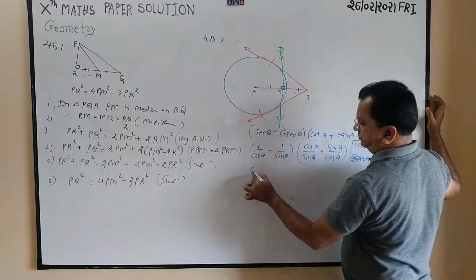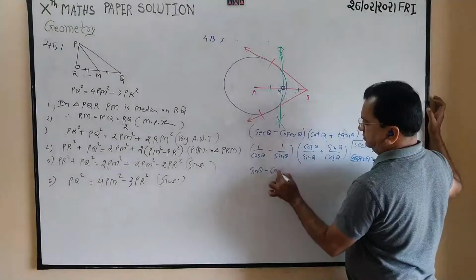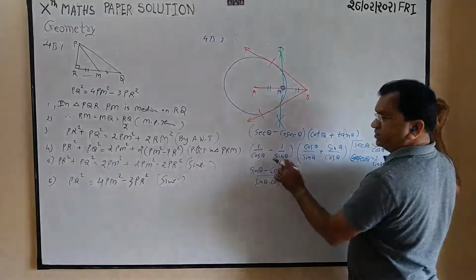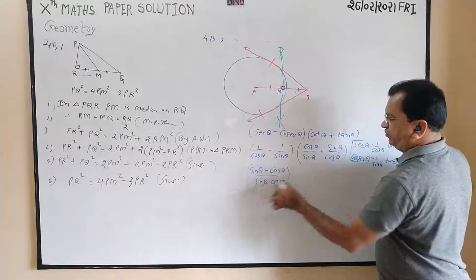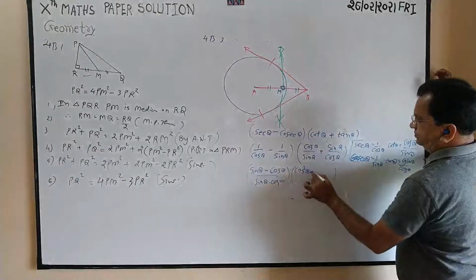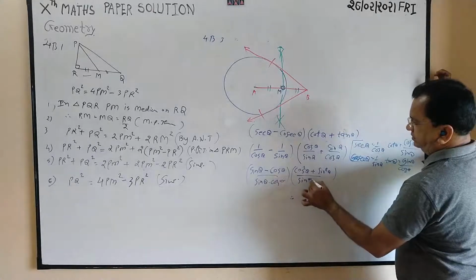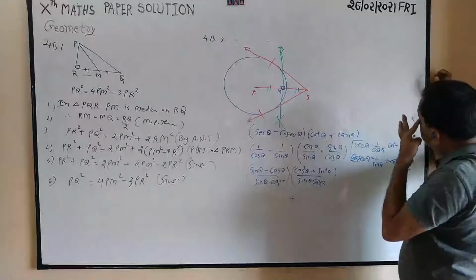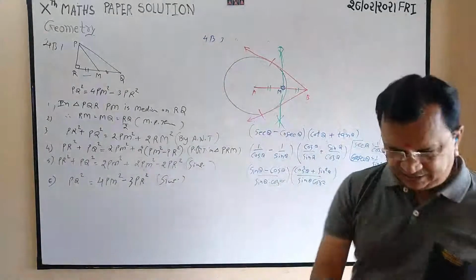Now cross product. This into this sin theta, this into this cos theta, sin theta cos theta. First bracket, cos square theta plus sin square theta divided by sin theta cos theta. This is 1.